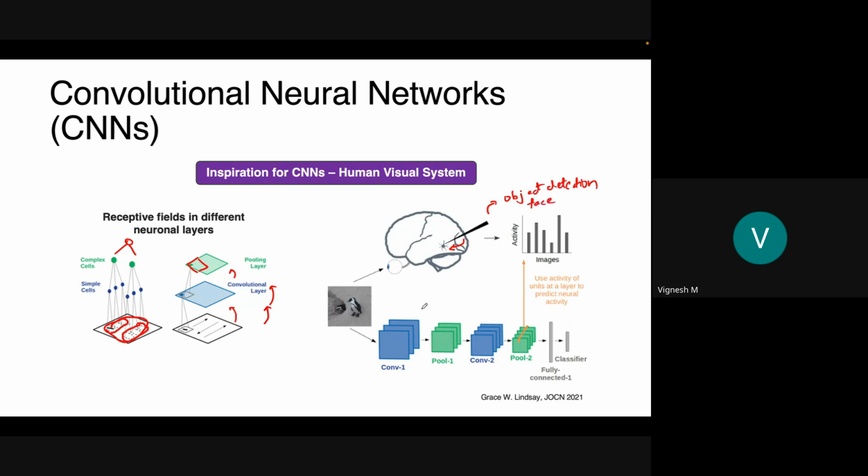What they've seen is, if you take an image data set and train it via a convolutional neural network, at some level of the hierarchy, the activations of one of the deeper layers resemble the activity of those cells in the brain which have these very similar properties of object detection.